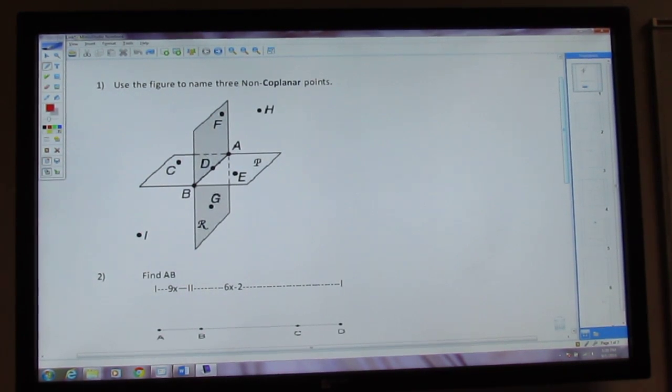All right, geometry. The way you're going to look this up is Geo, M-T-S space Geo space. We're going to do Chapter Final 1, right?